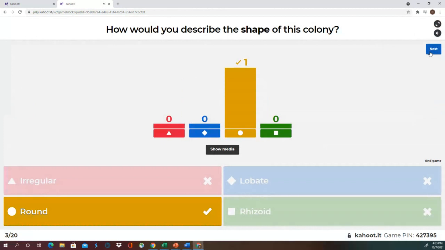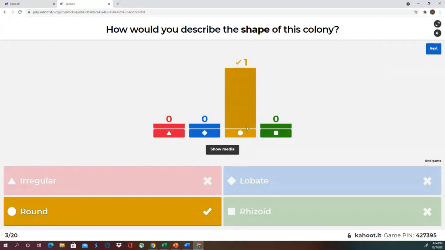All right, so for questions like this, you want to make sure you know how to describe a colony. But remember, there are different categories. There's shape, there's margin, there's elevation. And so there are certain terms associated with each of those categories. So you want to make sure that you know which terms are associated with margin, which terms are associated with describing elevation, okay?